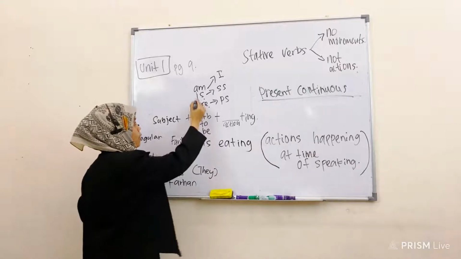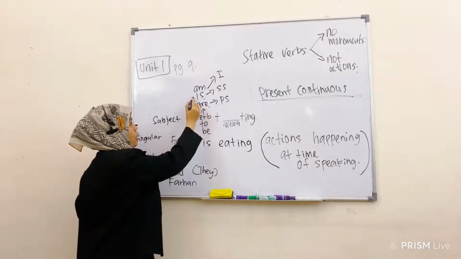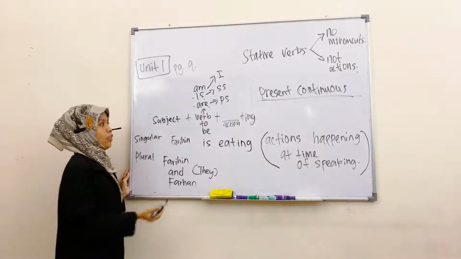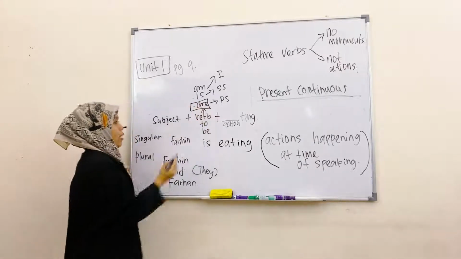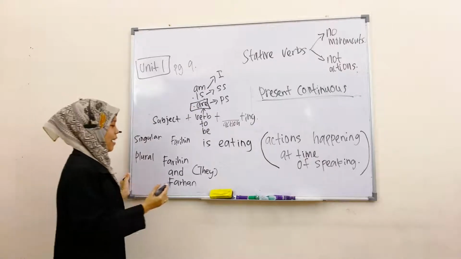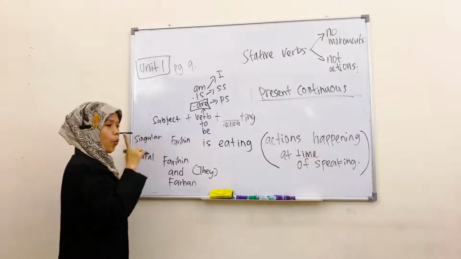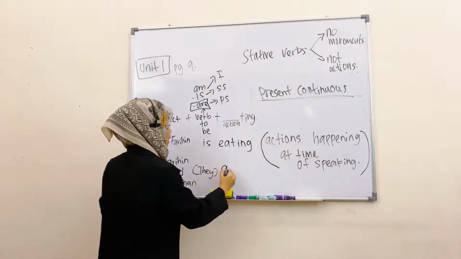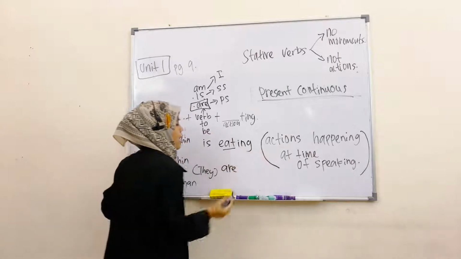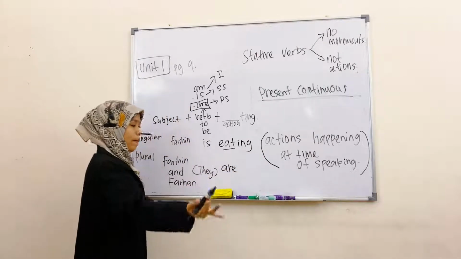Okay, so should I use are or should I use is? Of course, I need to use are. Why? Because this one is more than one. So they are. I still want to use it because I want to say the action is happening now at the moment.